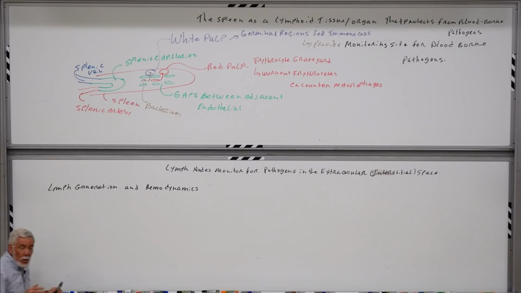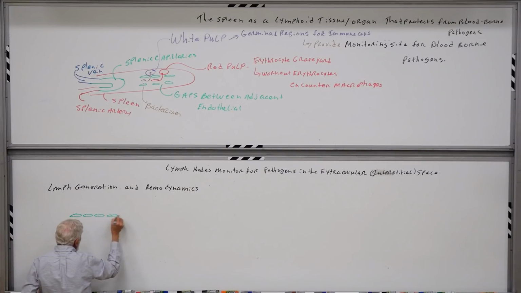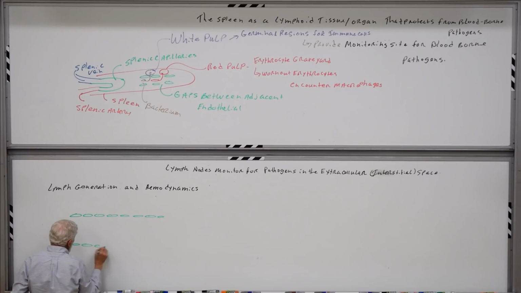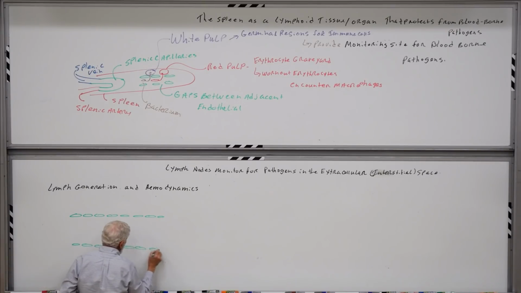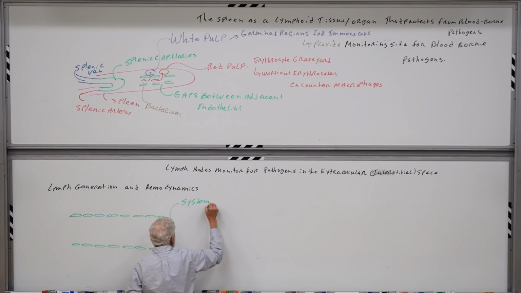Now that's a mouthful, but all we're going to be talking about here is how fluid moves from the lumen of the capillary out into the extracellular space. And we'll draw here, again, a linear series of endothelial cells, and we can label this as a systemic capillary.